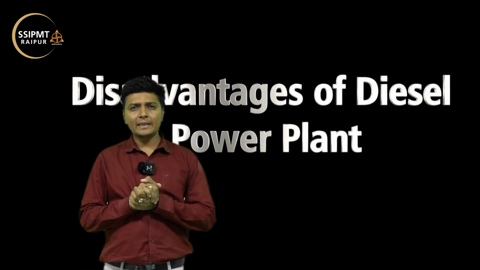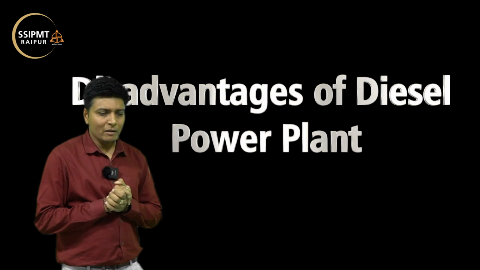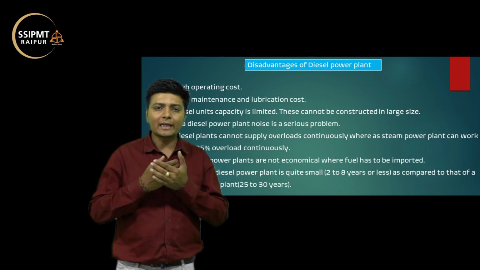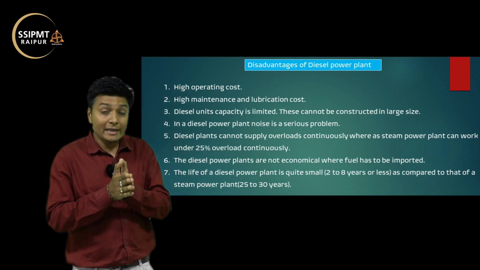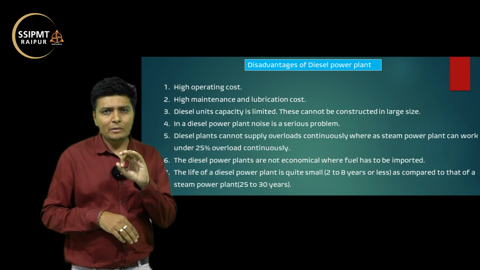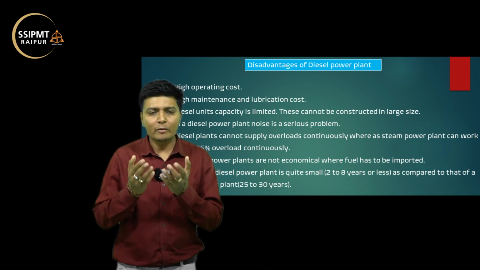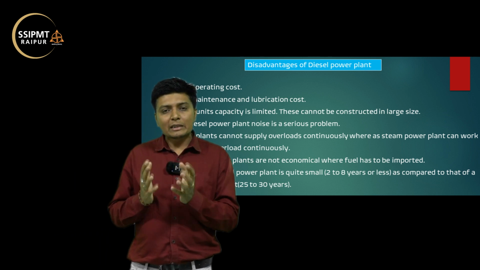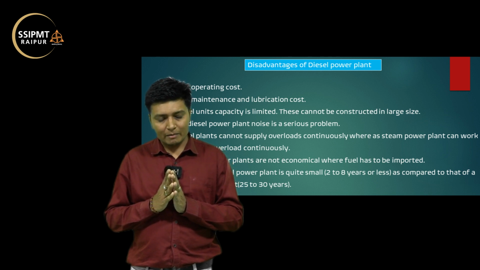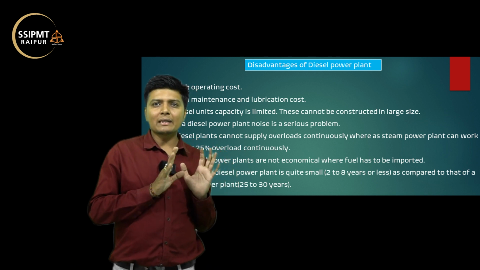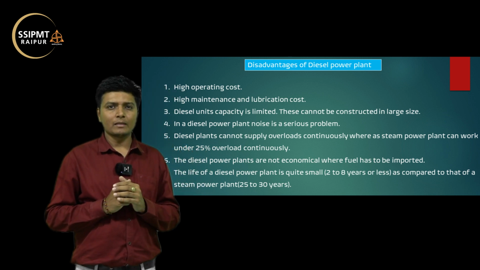Now we will see the disadvantages of a diesel power plant. First disadvantage is that it has a high operating cost. Second is high maintenance and lubrication cost. Third disadvantage is that diesel unit capacity is limited, and you know it very well that it is a conventional energy resource. It means these cannot be constructed in large size.